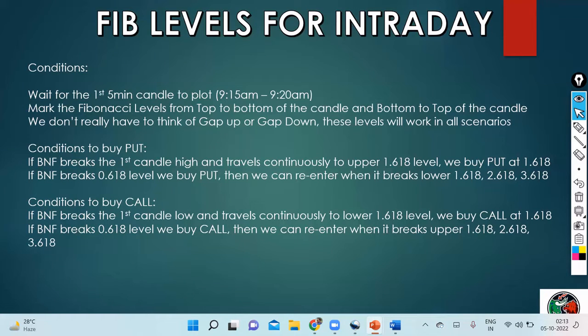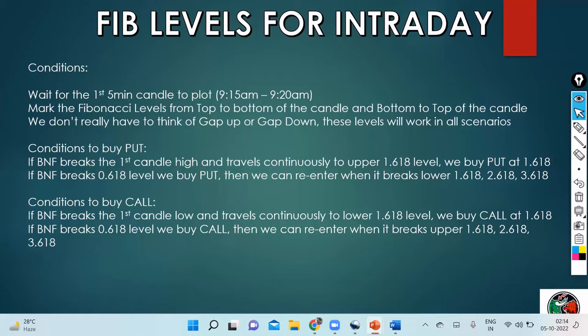The second condition is if the first condition is not met and Bank Nifty is trading in the bullish zone, which is about 0.618, and if you see a candle which closes below 0.618, that is where we will consider buying put, and then we can re-enter when it breaks 1.618 and then 2.618 and so on. When we buy at 0.618, our first target is 1.618. If you all remember, we have already discussed this in the video.